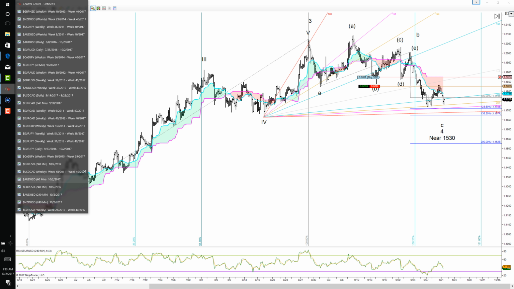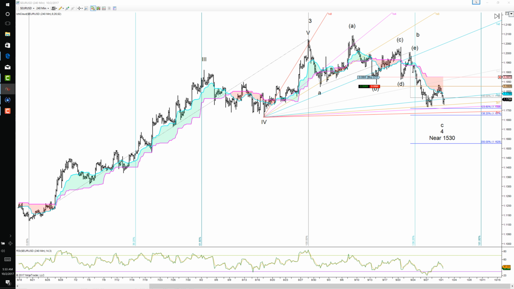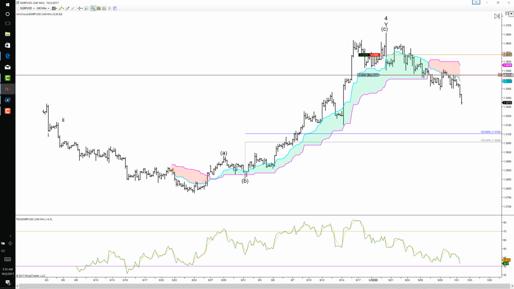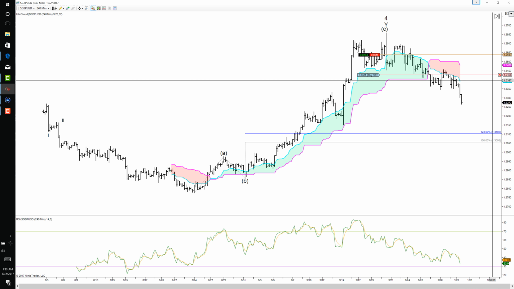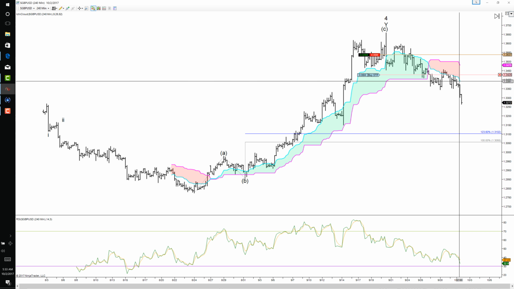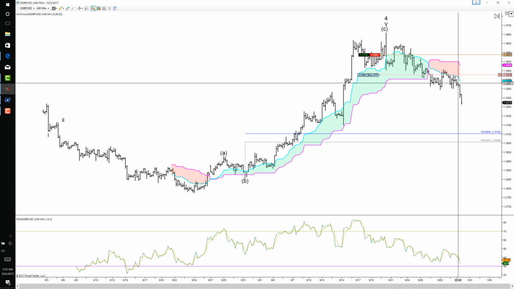Something happened in the pound yesterday, last night, because when I looked before I went to bed, I was only up maybe 100 ticks, somewhere around there.